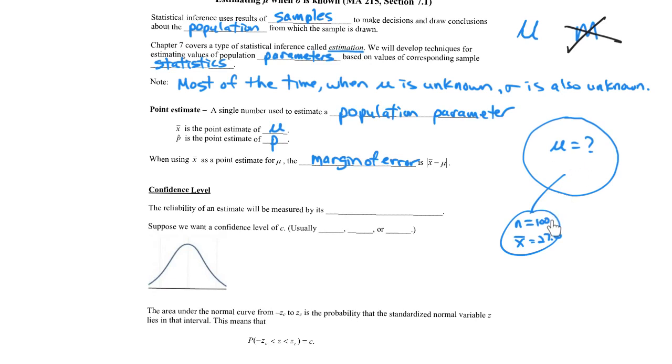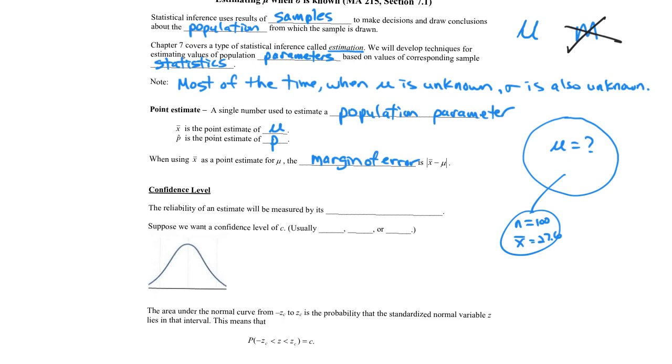We're taking a sample, but using confidence intervals, we will be able to put a bound on the margin of error, which is the difference between our sample mean and the true population mean. So you'll see how that works as we go here. But the margin of error is just this difference, the difference between our sample estimate and the real mean.